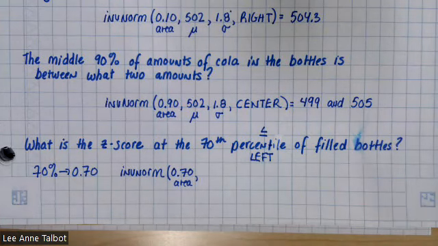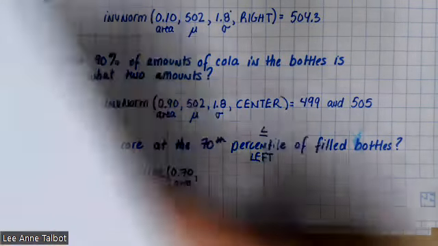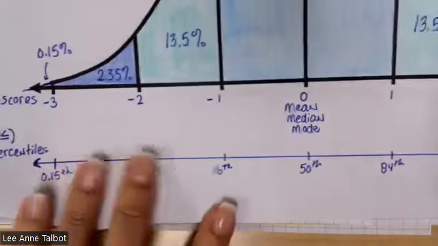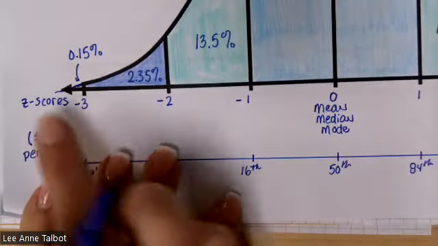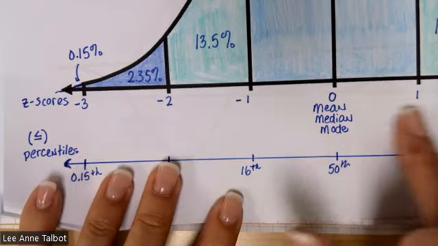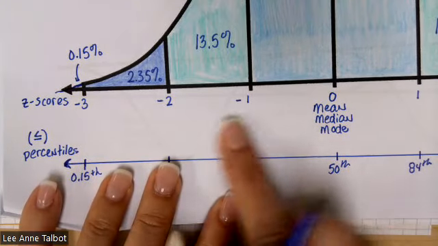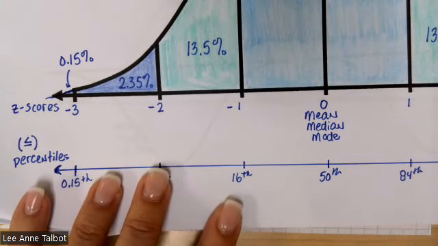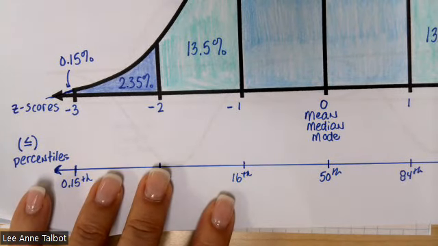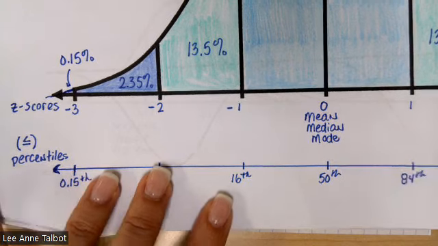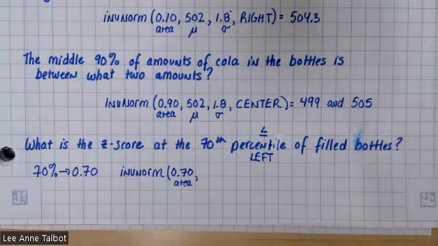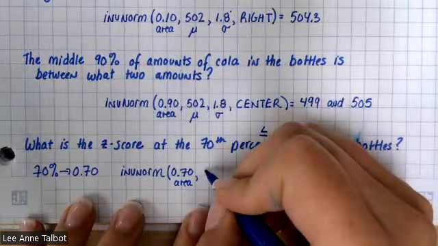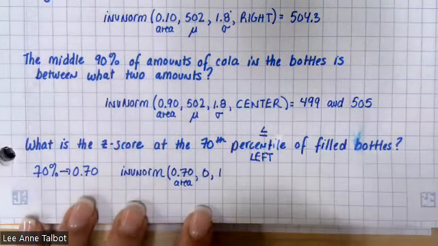But let me remind you of this. These are z-scores, correct? What is the mean of this distribution? 0. What's the standard deviation of this distribution? 1.